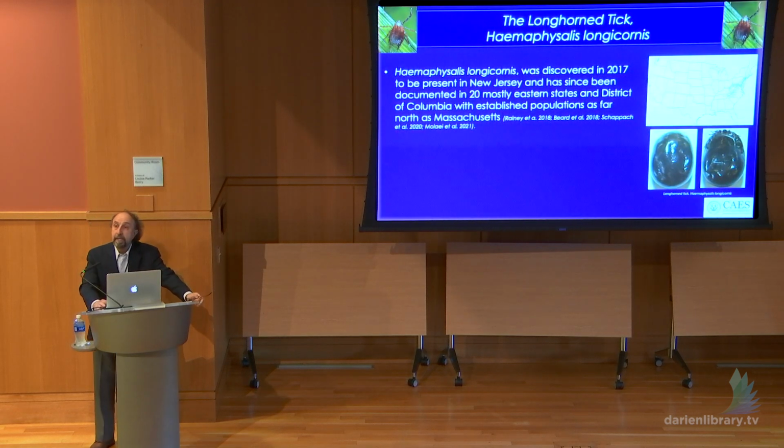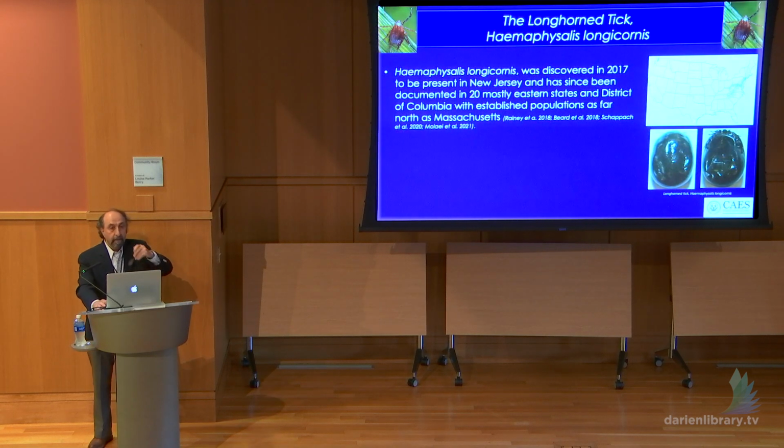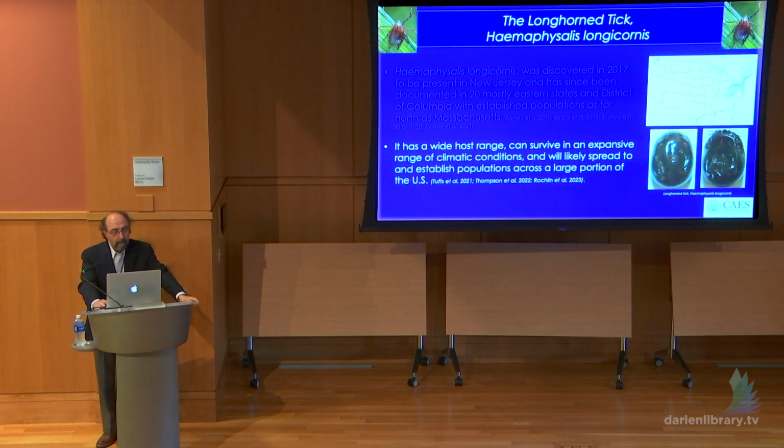Now it is in 19 states, as well as the District of Columbia, and of course in Connecticut. This tick has a remarkable ability to survive different environmental conditions, and we predict that it will occupy much of the United States.